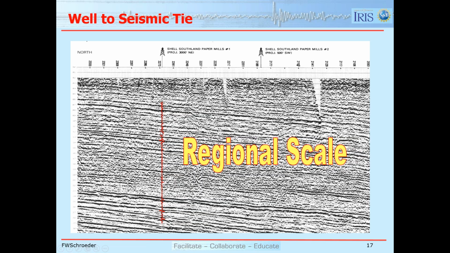So I have done well seismic ties with vibrator data, with dynamite data, and with airgun data. And usually the trouble or simplicity or complexity of doing the well seismic ties has not really varied with the type of energy source.